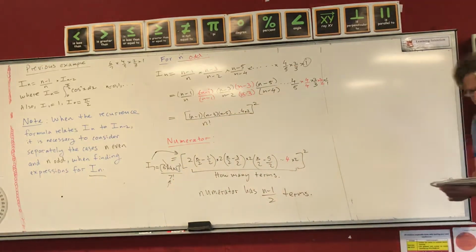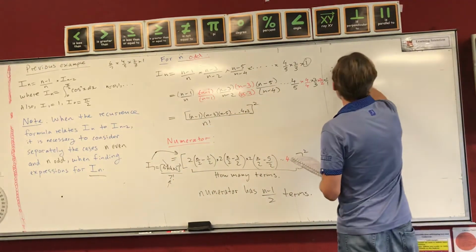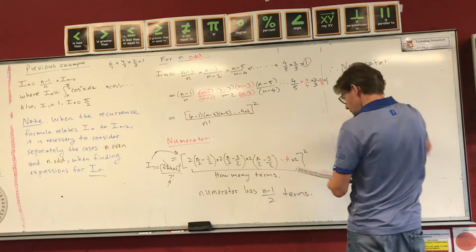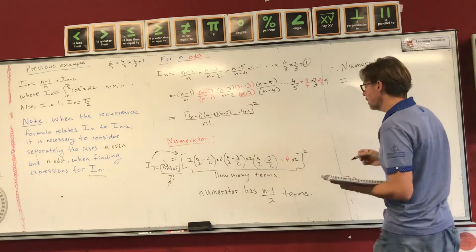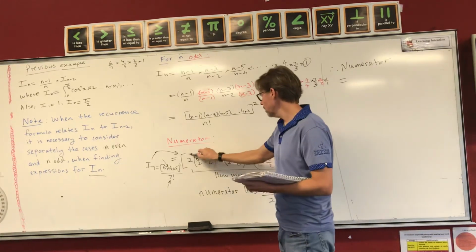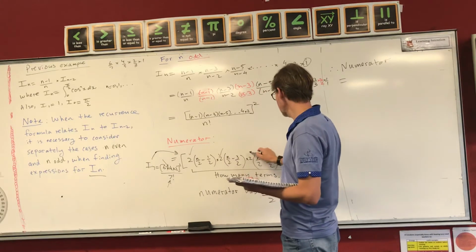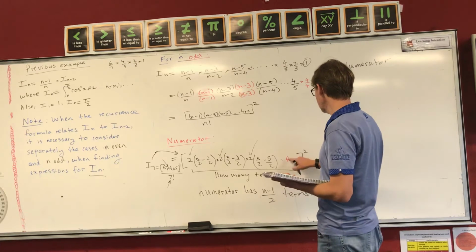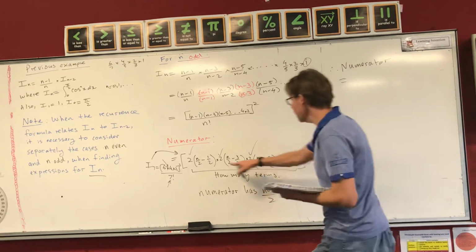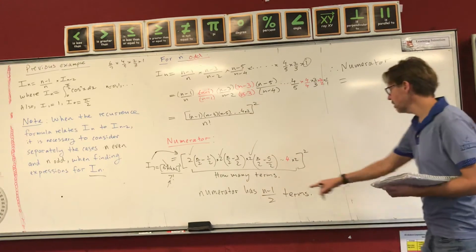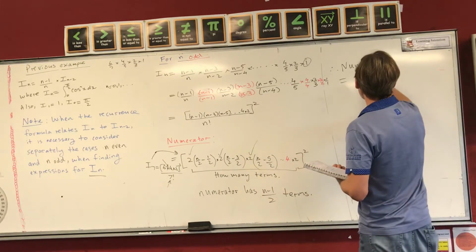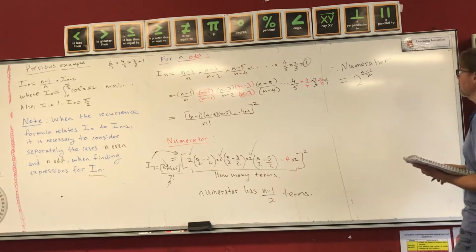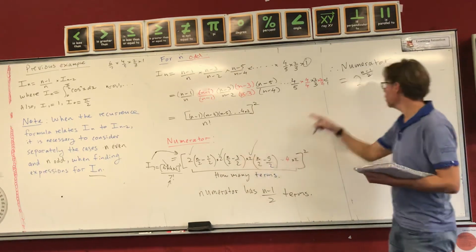So what we can say is that therefore the numerator is equal to, now let's think about how many 2's do we have? Okay, how many 2's? Well, altogether, how many terms do I have? I'm going to have 2 to the n minus 1 on 2, yeah?